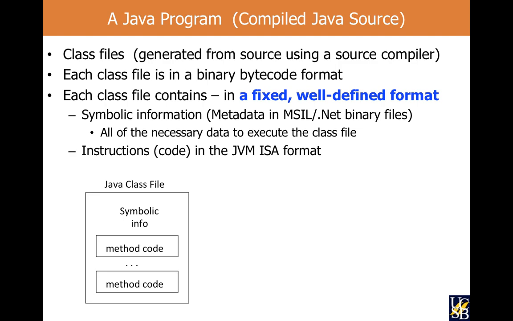And in the methods themselves, there are series of instructions of the functionality that you've coded in your source programs. This code is a series of instructions that come from a well-defined instruction set architecture. Now, this is an architecture-independent representation. It's an instruction set architecture that doesn't necessarily map to any physical machine.